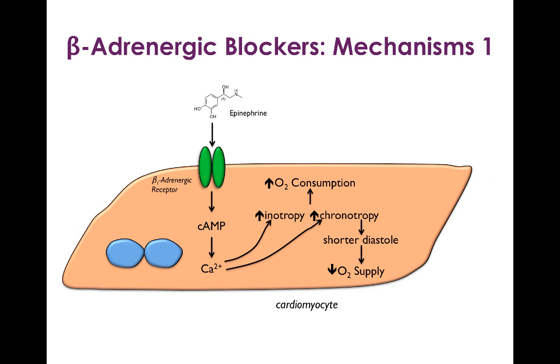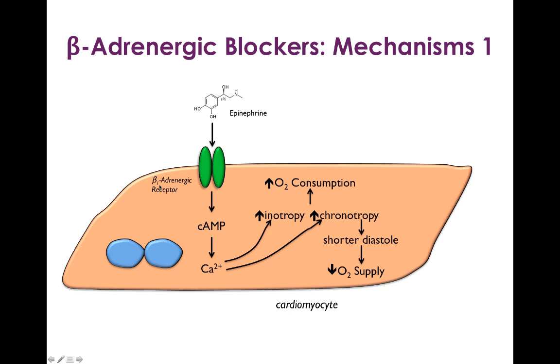So let's talk about beta blockers, and I think there are two mechanisms that you should actually be aware of. Here's the classic one, which explains its anti-anginal effects. So let's take a drug like epinephrine, or rather an endogenous hormone like epinephrine, coming to the beta-adrenergic receptor on the cardiomyocyte.